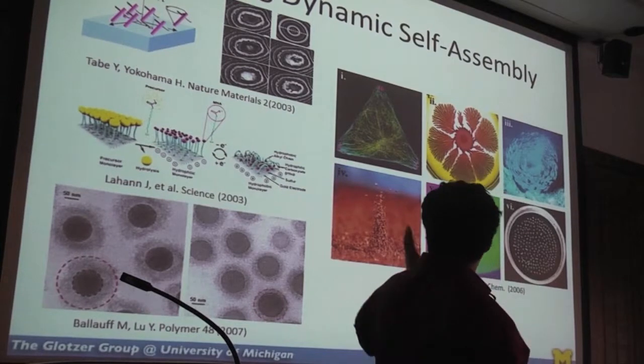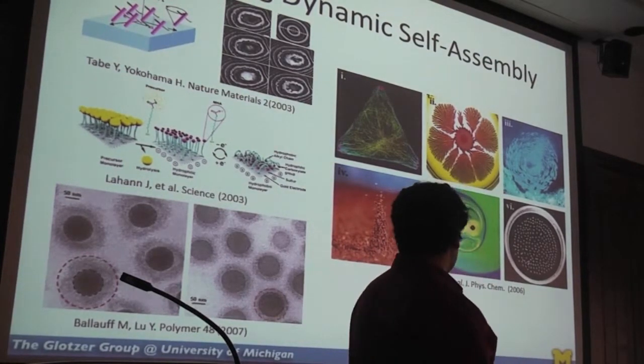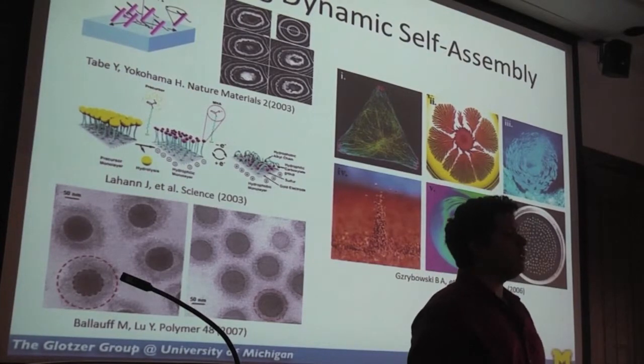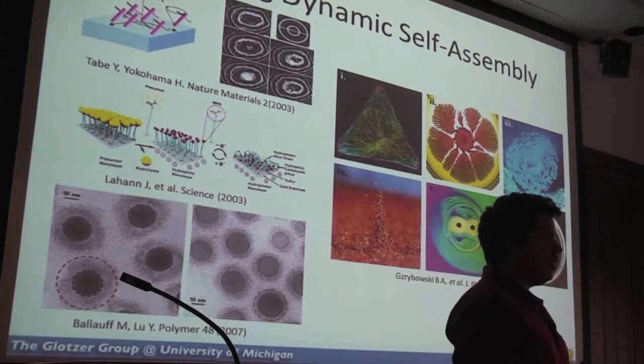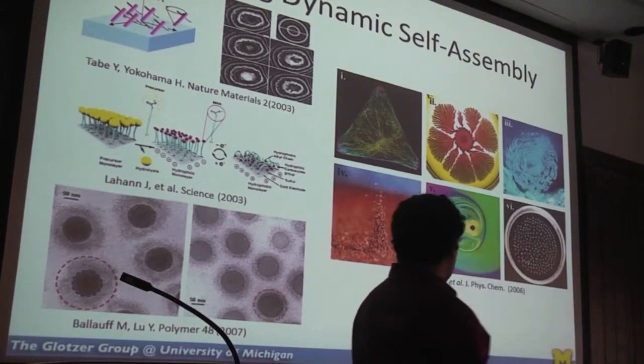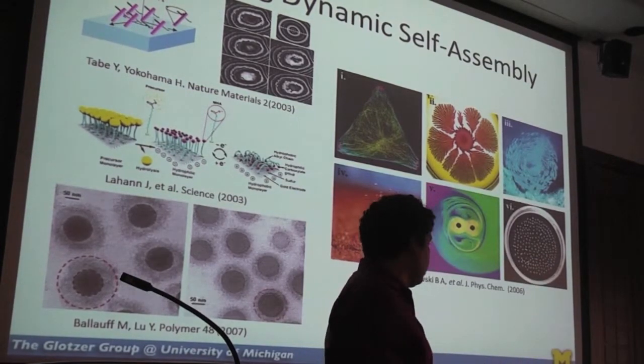And this leads us to dynamic self-assembly, where the rules of the system are still defined at the building blocks, but they are changing as a function of time. Or at least they are changing to adapt to their environment.